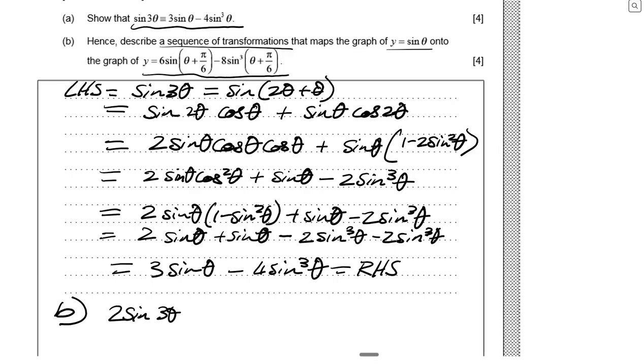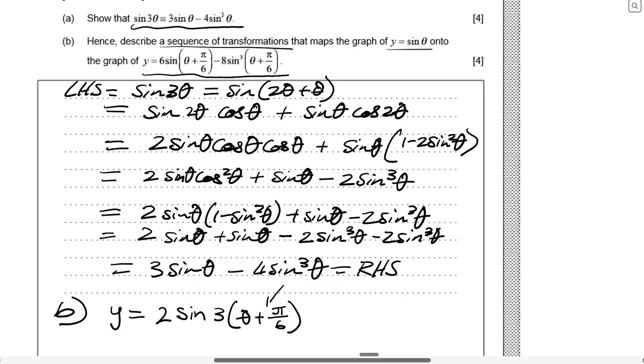And how would we write it like this? Y is equal to 2 sine 3 theta, but now our theta is different. So let's change that to theta plus pi over 6. This is our new theta. It's not affected.